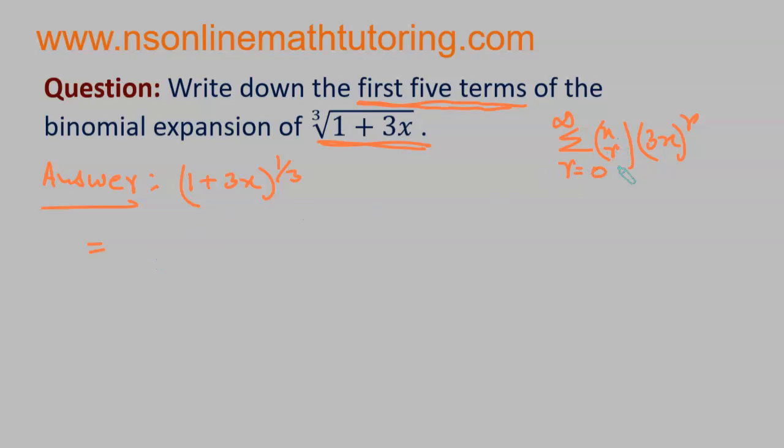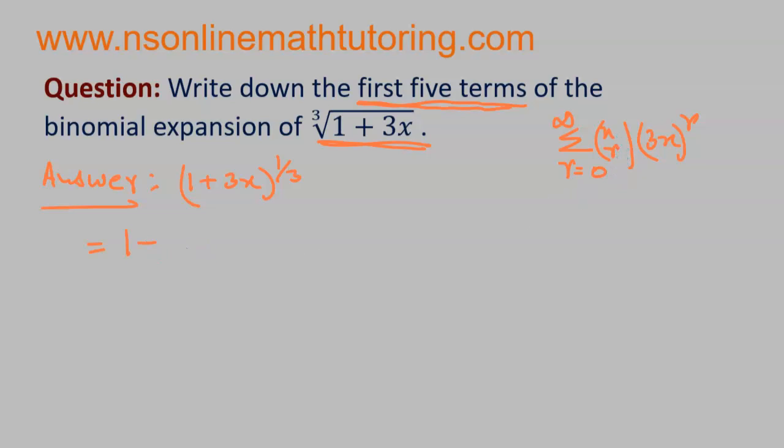In C0 is 1 and 3x raised to the power of 0 is also equal to 1. So the first term is 1. Second term, in C1, what is n? n is 1/3.